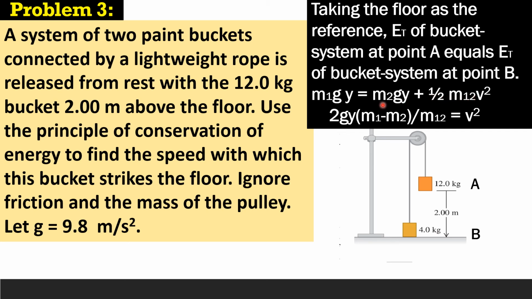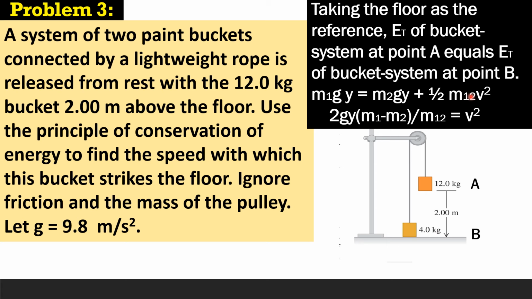That's why the label doesn't have a common subscript, meaning we're talking about different masses. In each term in the equation, m1 is only for mass 12 kilogram, while m2 refers to the mass of the 4 kilogram, and m12 refers to the total masses.